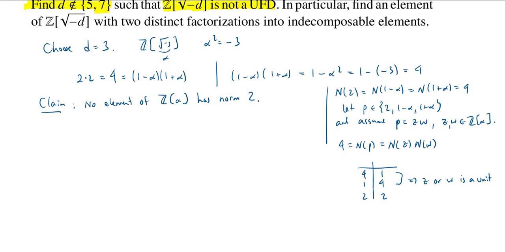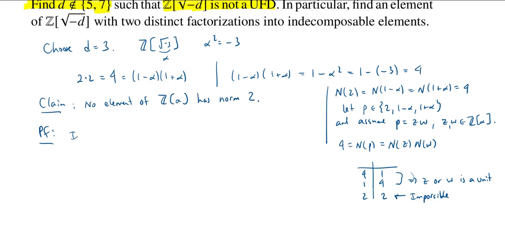And this is why I want this claim that no element of Z alpha has norm 2, because if that's true, then I can say this line is impossible. And if this is impossible, then I must be in one of the above two situations, in which case one of the factors is a unit, and that will imply that P is indecomposable. Okay, so we just need to prove this one statement, and we get all 3 indecomposability statements at once.